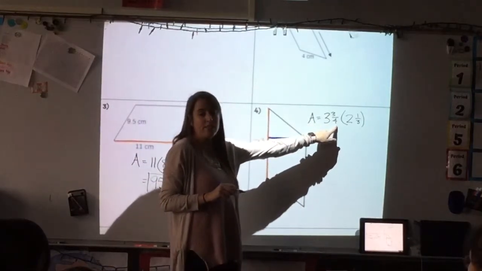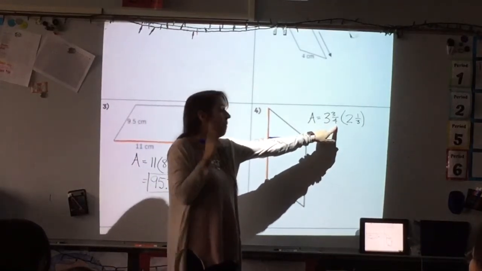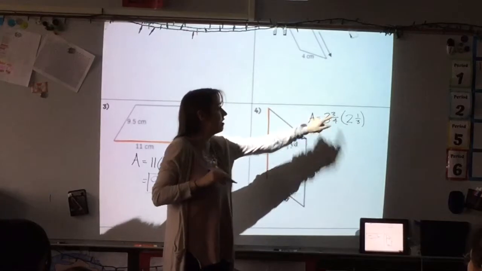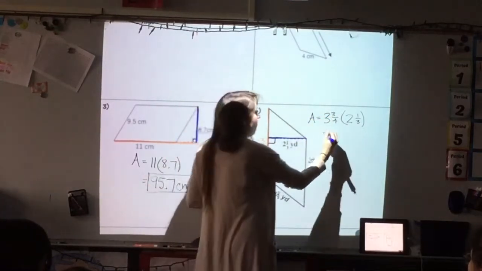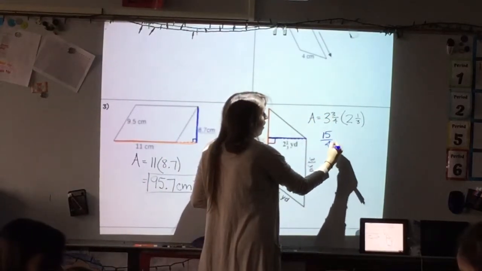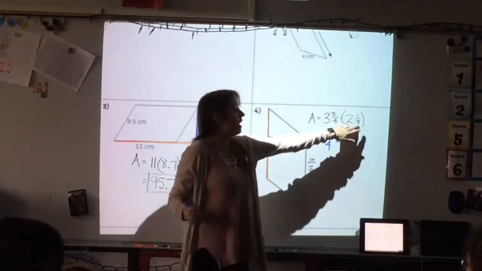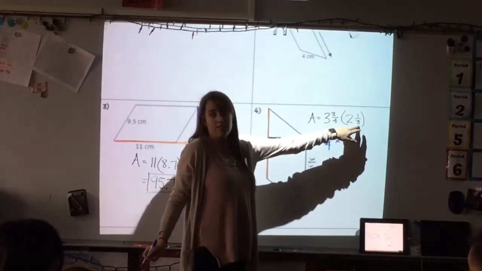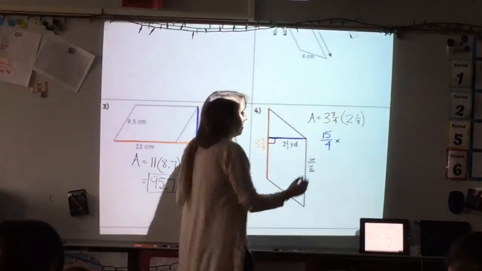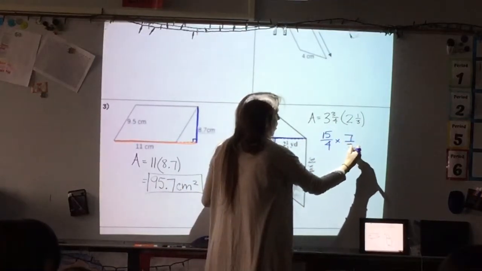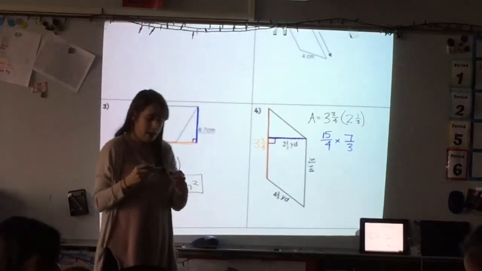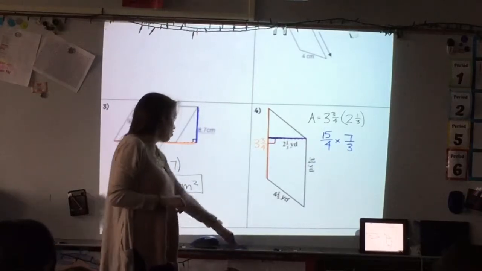3 times 4 is what? Plus 3 is, so we have 15 over 4 times 2 times 3 is 6 plus 1 is 7 over 3. Now we should be using our factor charts.